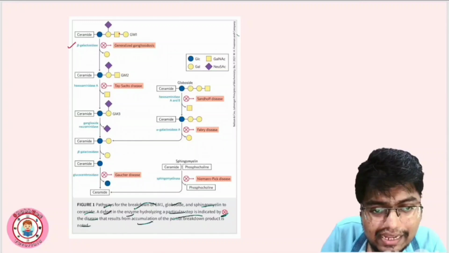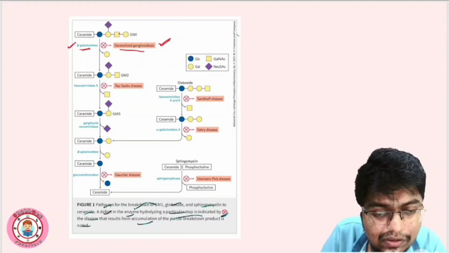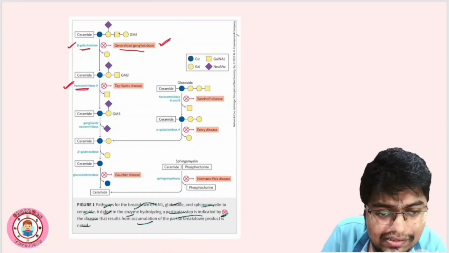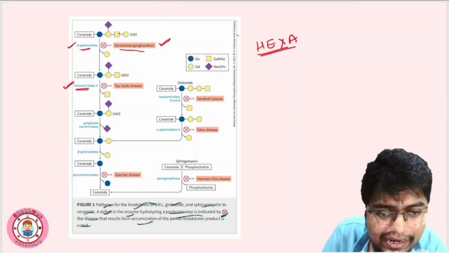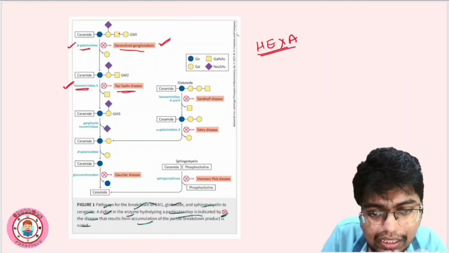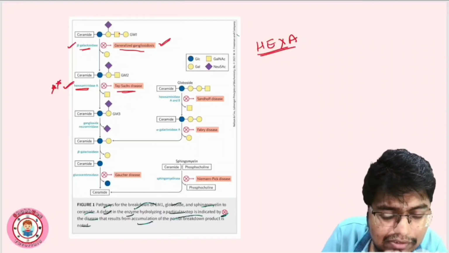Here an enzyme is there, and when this enzyme is absent, this disease is caused. Same here. This is very important, this enzyme, hexosaminidase A. When this is absent, it produces Tay-Sachs disease, right? This you have to remember. This is asked in exams.